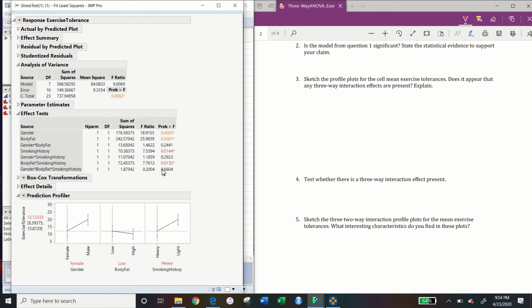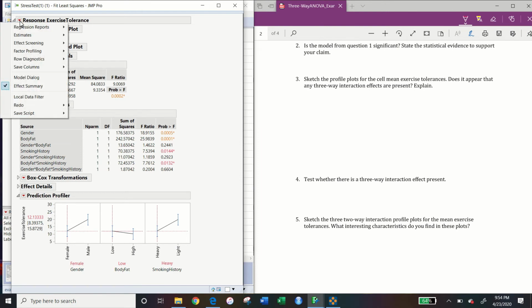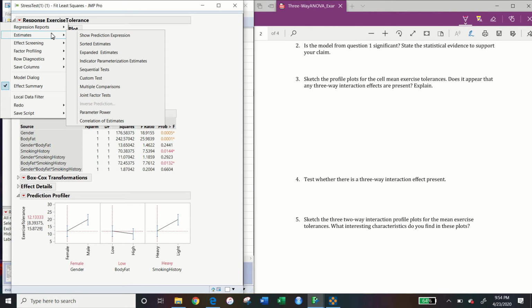Another thing you're going to need to do is your multiple comparison test. In order to do that, you may select the red triangle up where it says Response Exercise Tolerance, select Estimates, and then select Multiple Comparisons.